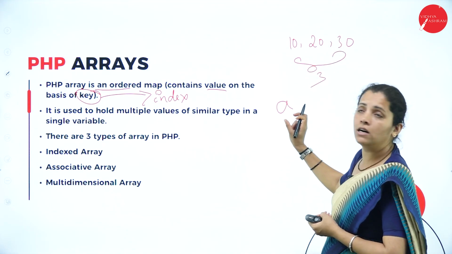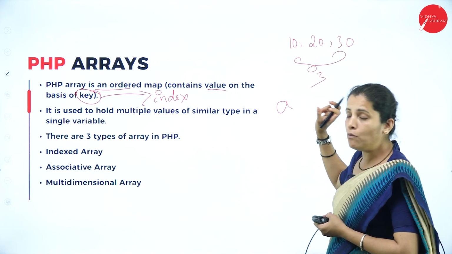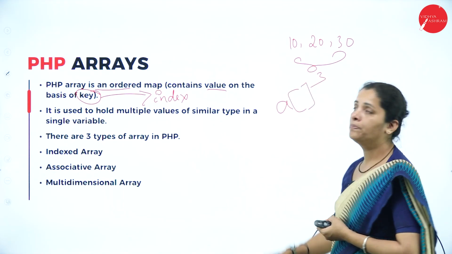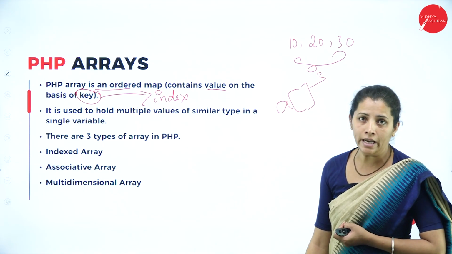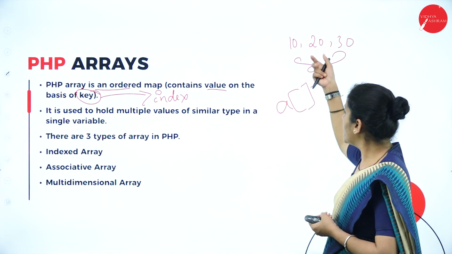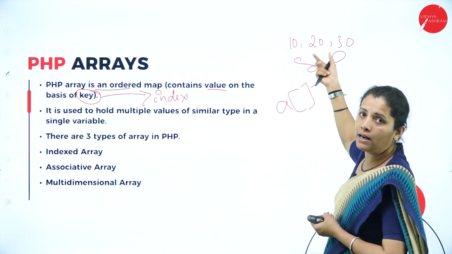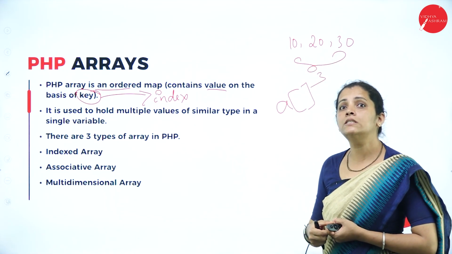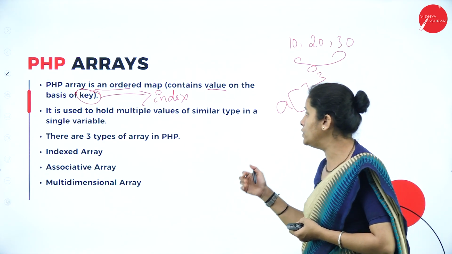When I have just a variable, I can have only one value at a time. When I define it as an array, array is what? Collection of elements. Then I can have multiple values. So I am able to store multiple same kind of values.